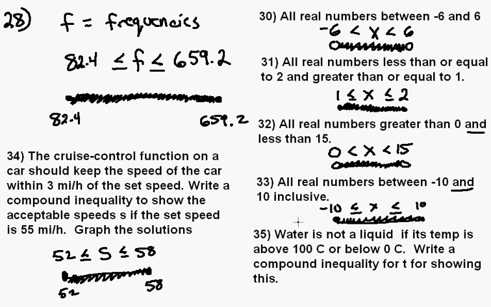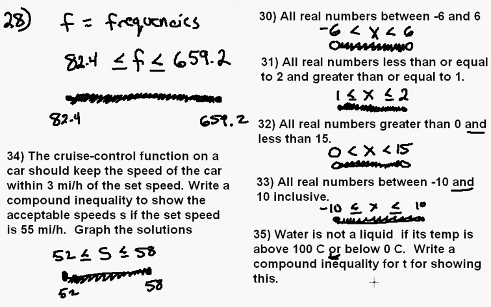Okay? Now, so 35, water is not a liquid if its temp is above 100 degrees Celsius or, there's the trick, it's the or, below 0 degrees Celsius. Write a compound inequality for T, for temperature, showing this.